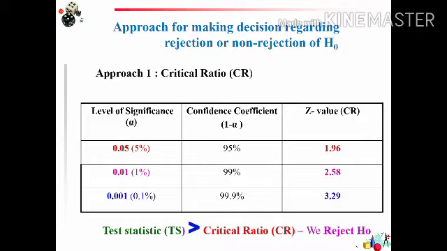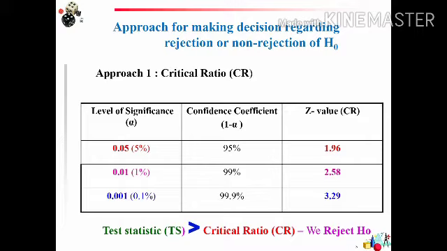Okay, and the different levels of significance are 5%, 1%, 0.1%. These are the different levels of significance. If alpha equals 5%, it means there is a 5% chance of rejecting the true null hypothesis, or 95% confidence that we can accept the true null hypothesis.